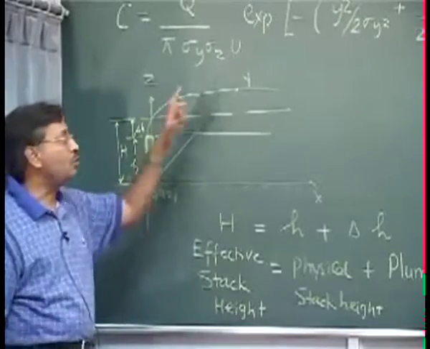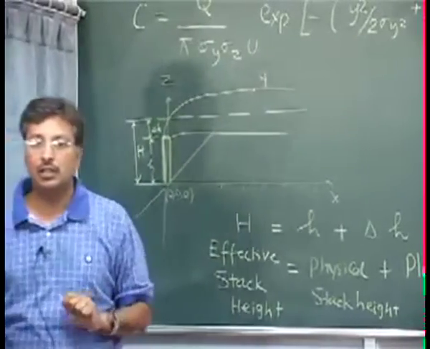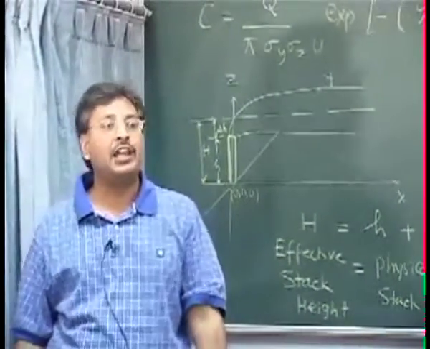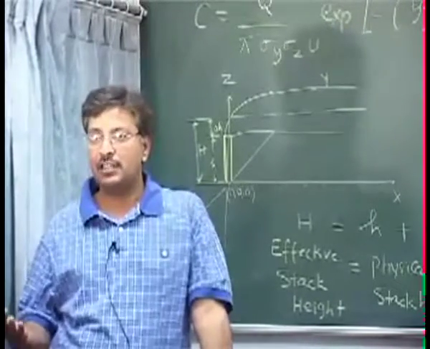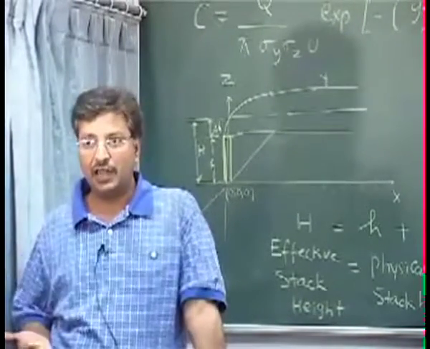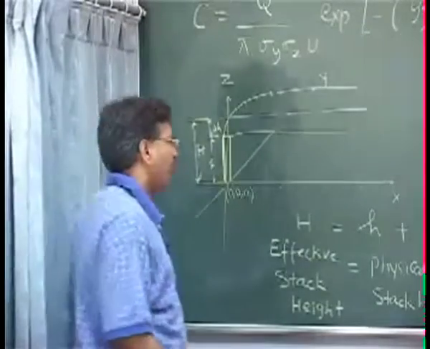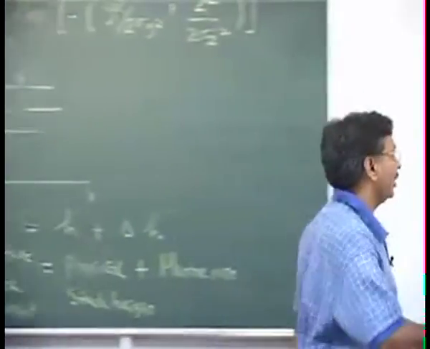So how do I modify this equation? z is replaced by z minus H. Does everyone see that? Let us do that, and I will write the equation again.